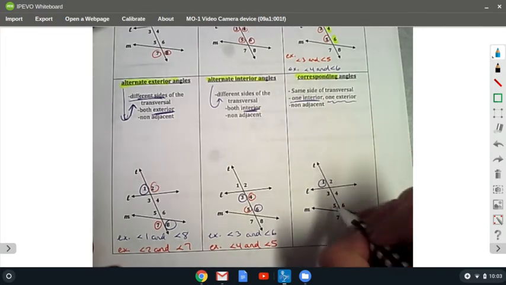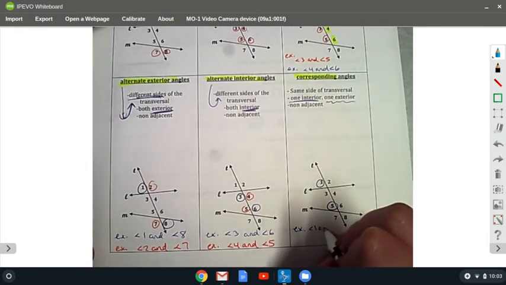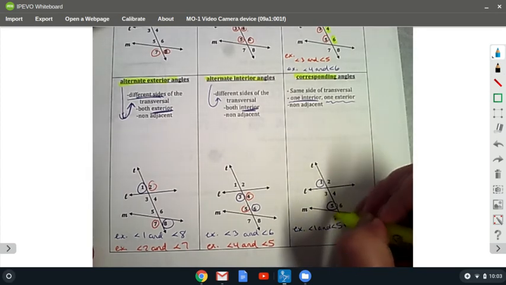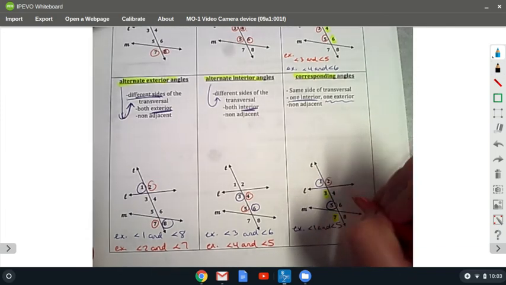So 1 and 5 would be an example. There's actually 4 examples here. 1 and 5 would be an example. Also 3 and 7. One's outside, one's inside. Also 2 and 6.